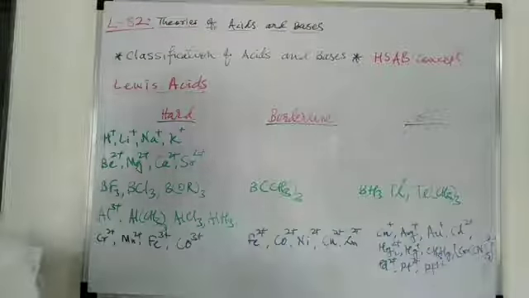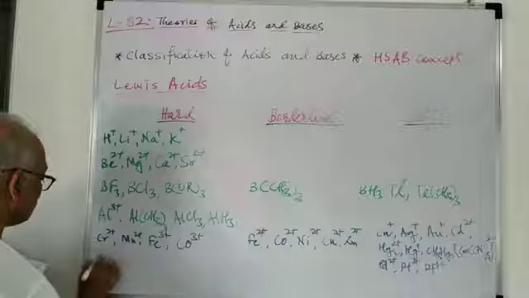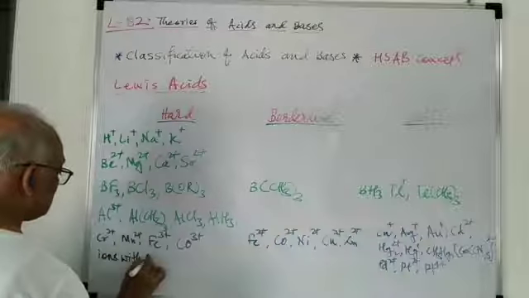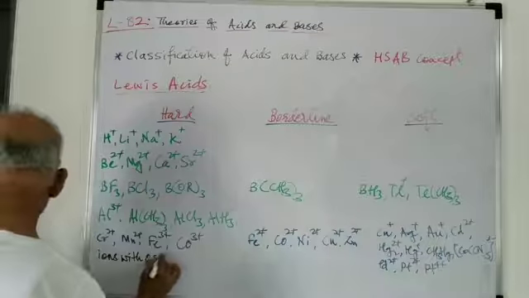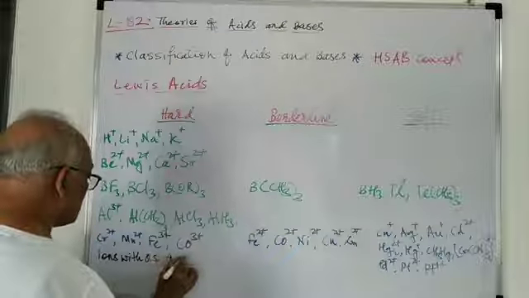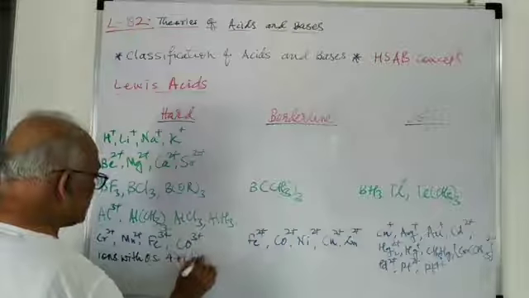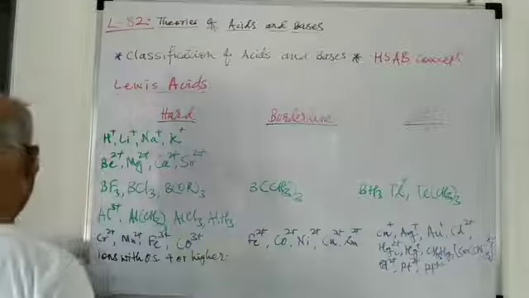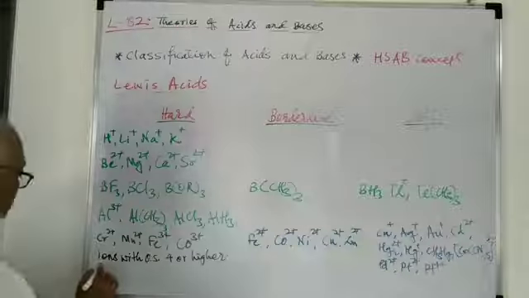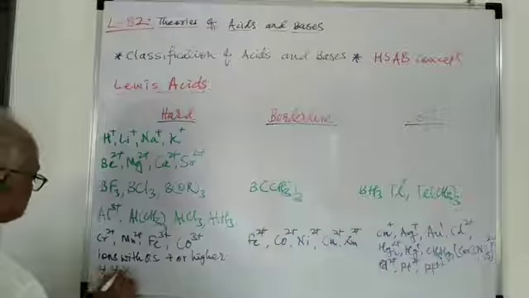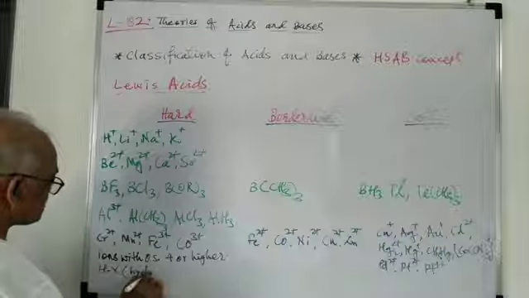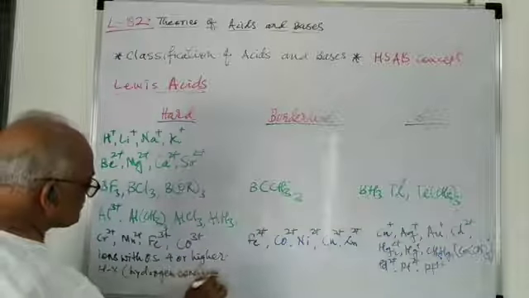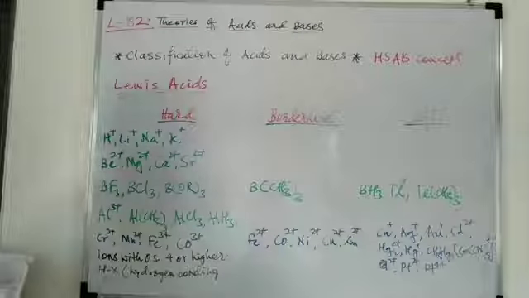So these are the ions with oxidation state 4 or higher. Then these are your HX, that is, hydrogen bonding species or molecules.